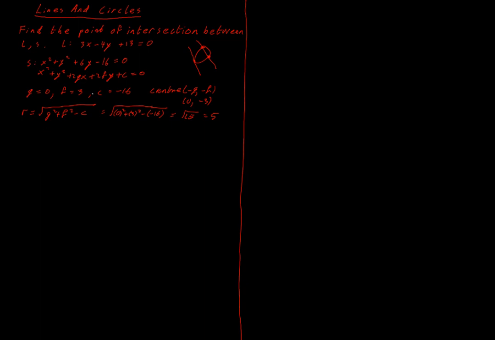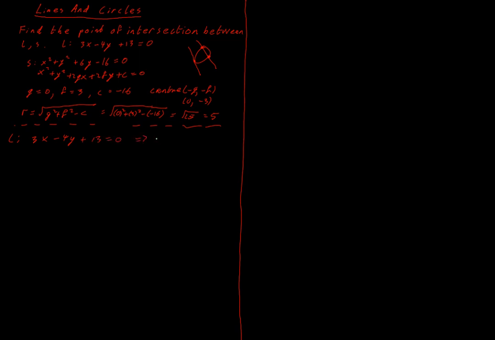Now let's get a better intuition for the equation of my line L. So I now know lots of things about S. Let's get to know L a little bit better. So I start off with 3x minus 4y plus 13 is equal to 0.